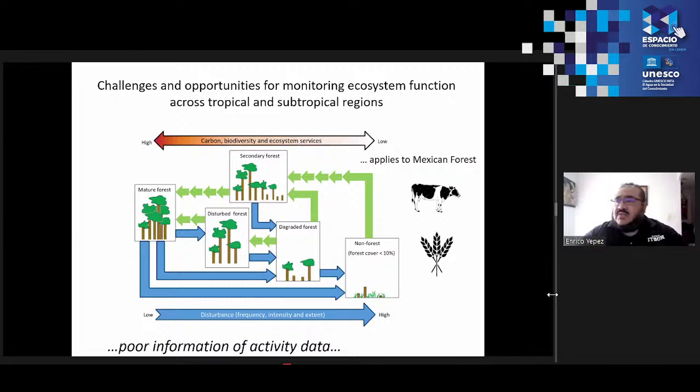Another big challenge or opportunity is that the population in our country is widespread. We have an important population living in the coastal areas as well as in the sierras and important urban settings. This is putting pressure on the ecosystems. Across the whole country, it is a mosaic of successional states. We have remnants of mature forests and mature mangroves and mature grasslands and shrublands, but we also have very disturbed sites, heavily grazed or used for agriculture.